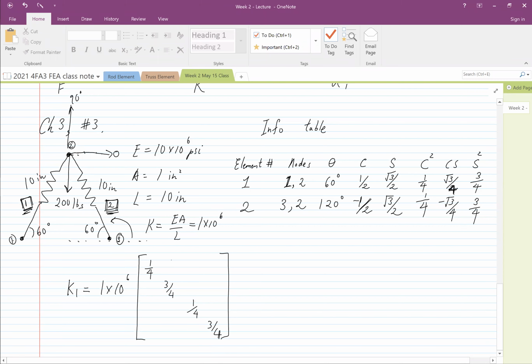And then this term will be cs, and right here will be cs as well.